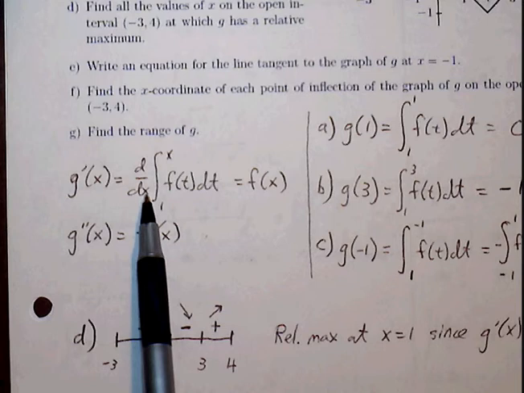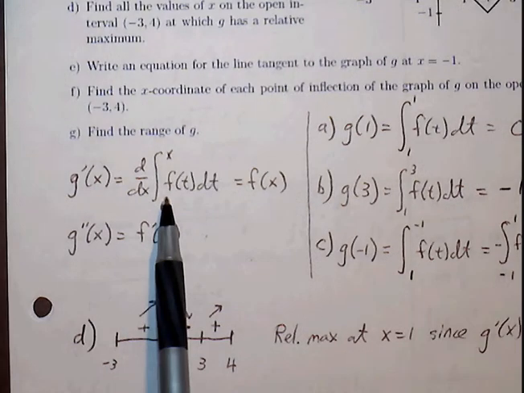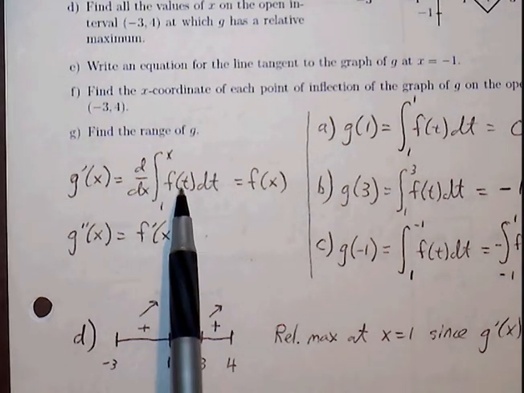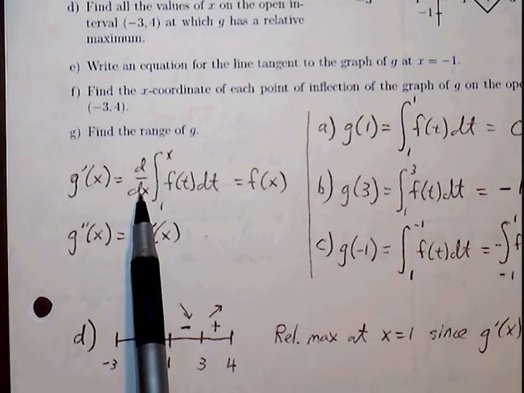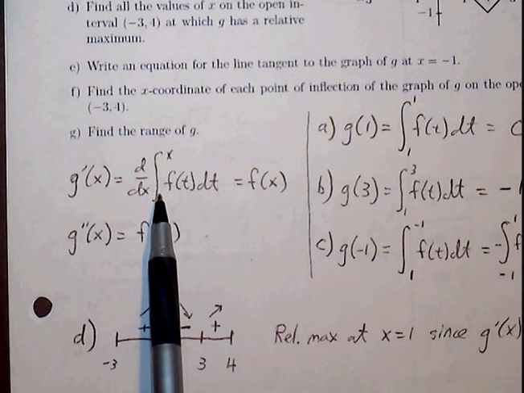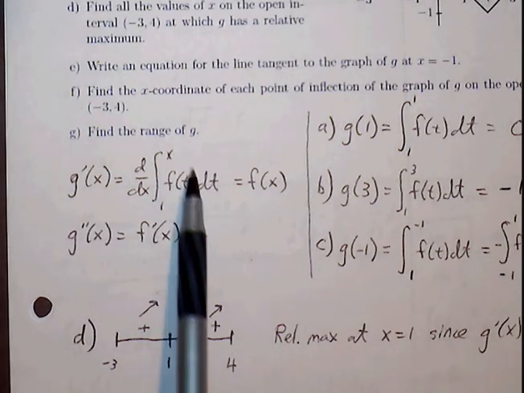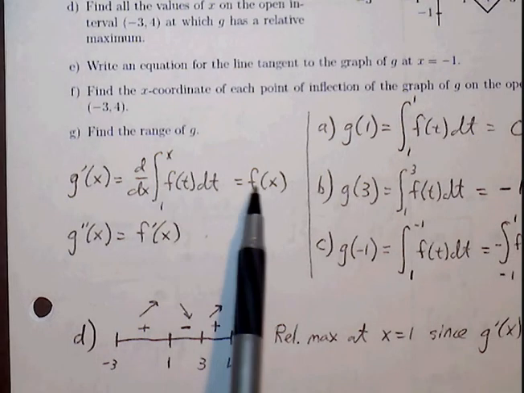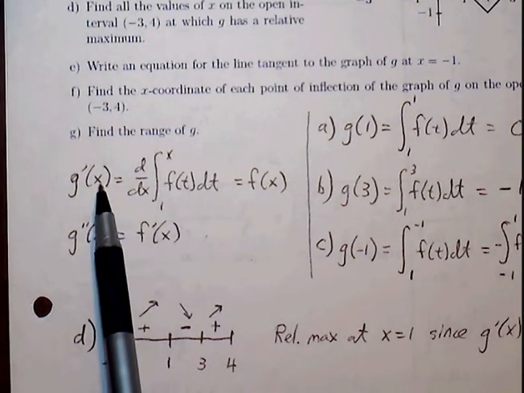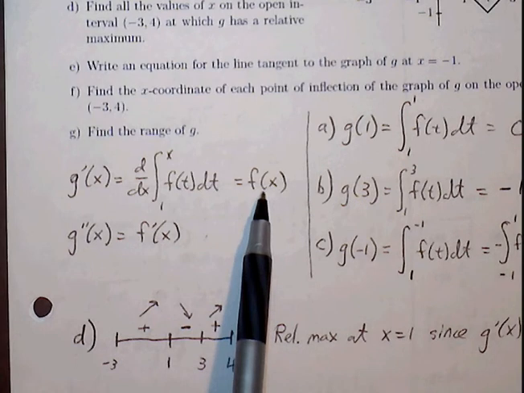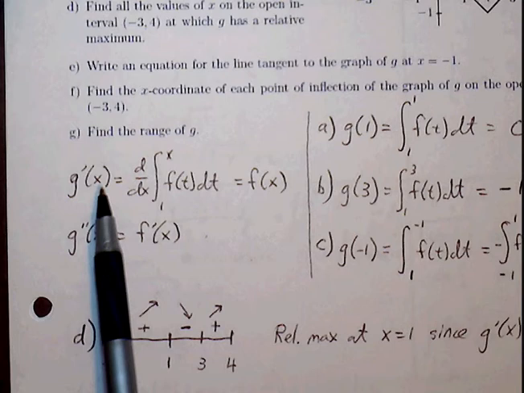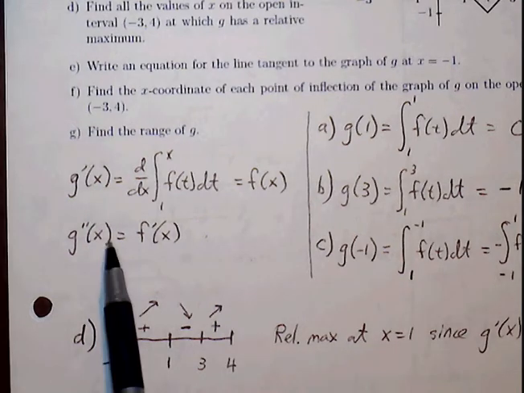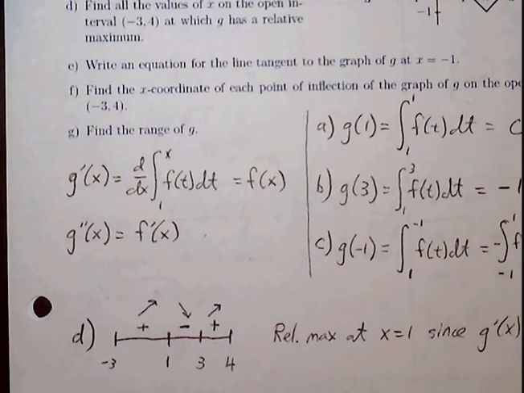So f of t is not going to get affected. We just have to plug the upper bound into f of t, so for t we get f of x. So simply g prime is equal to f of x, and that means g double prime will be f prime of x. We're going to keep going back to these relationships as we get further into the problem.